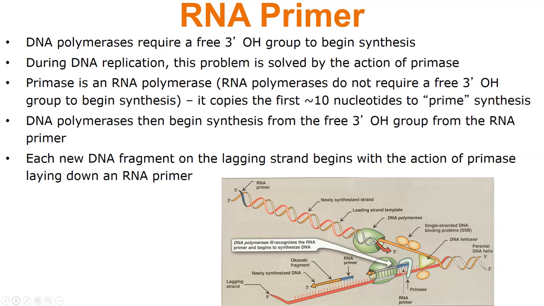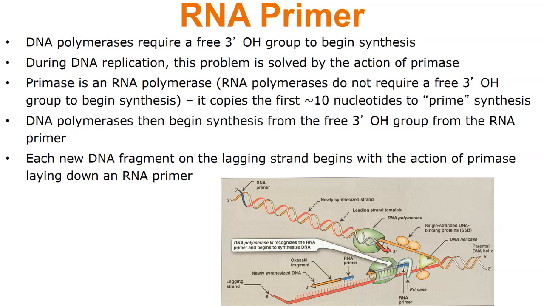One thing that differentiates DNA polymerases from RNA polymerases is that DNA polymerases require a free 3' hydroxyl group to begin synthesis. This means there has to already be something there to join onto. If you remember in the structure of DNA or RNA, at the 3' terminal end, you had a free hydroxyl group. That's where you're going to add on the next nucleotide.